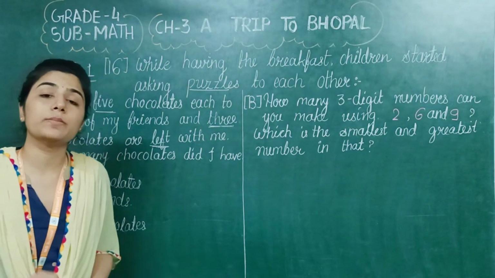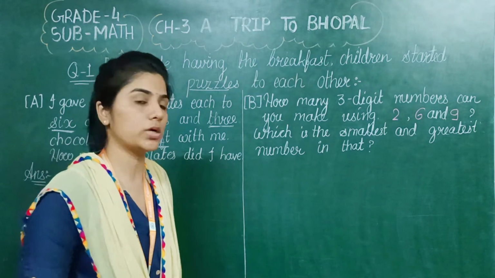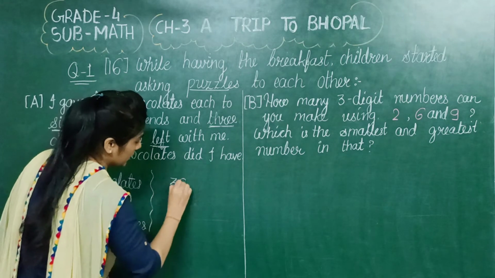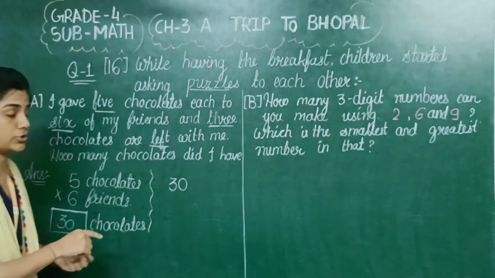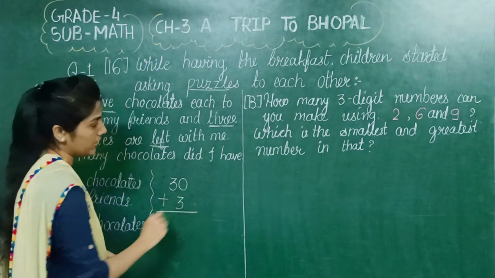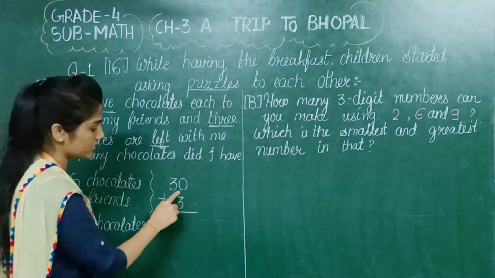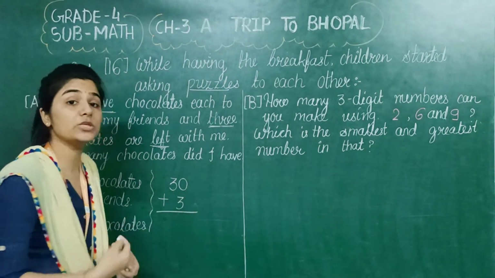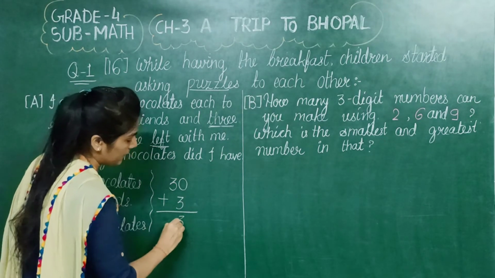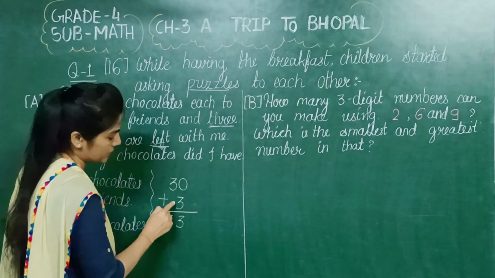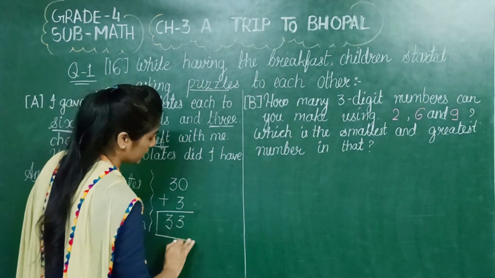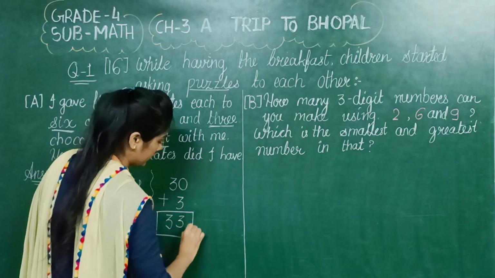That means you will get the total number of chocolates. So in this 30, the total number which you have distributed, you can add the remaining chocolates, right? This is the remaining portion, meaning the remaining chocolates. So 3 plus 0 is 3, and we copy the 3 down because there is no digit below. So you are having 33 chocolates in total.